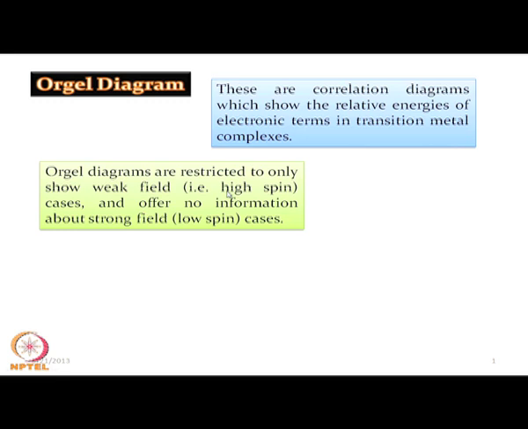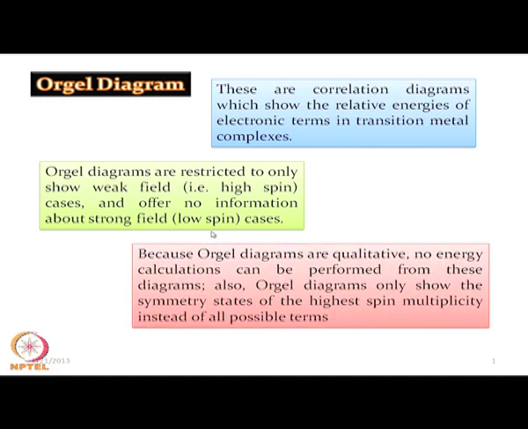That means, we do not have the strong field cases, where we do not know what should be the energy of the corresponding term when we go for a very strong crystal field. Because these Orgel diagrams are qualitative, that is why we are talking about it as a very primitive one, no energy calculations can be performed from these diagrams.